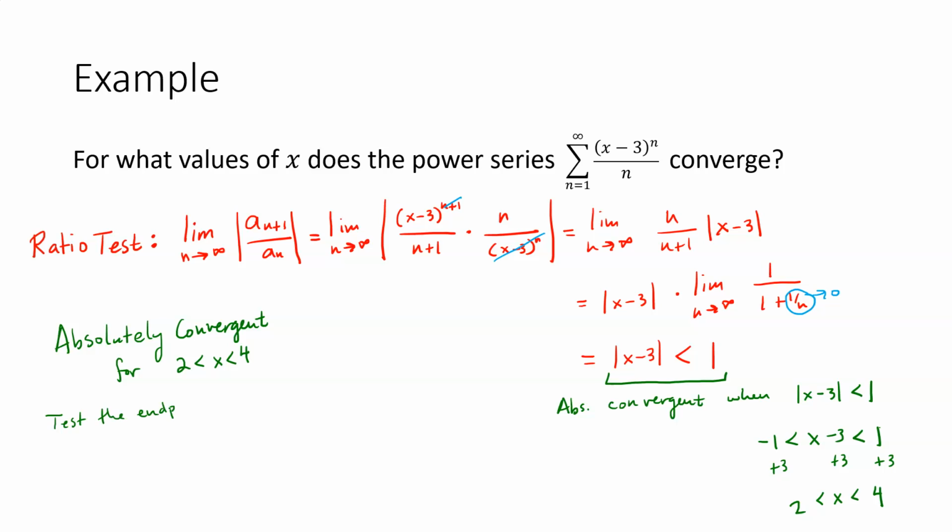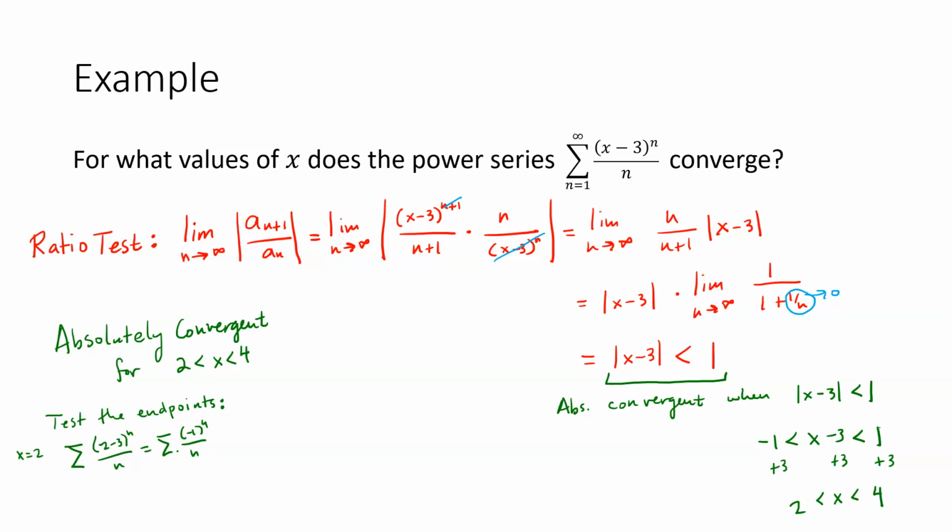separately. Of course, we can't use the ratio test to test the endpoints, but we'll now consider what happens when I put x equals 2 into the original series. So if I replace x with 2 in the original series, then I get (2 minus 3)^n over n, which is really the series (-1)^n over n.